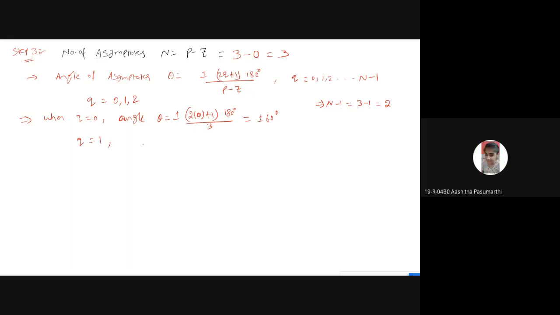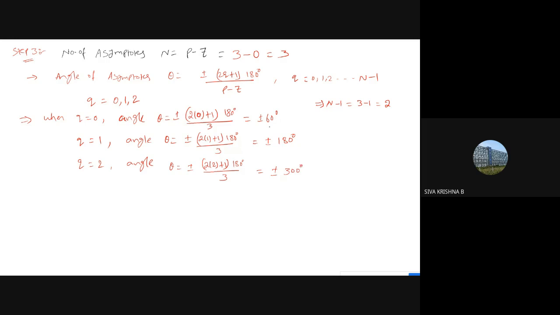Very good. Next, put q equals 1 and tell me the angle now. 180 degrees. Similarly, next q equals 2. 300 degrees. Very good, 300. So these three are the angles.